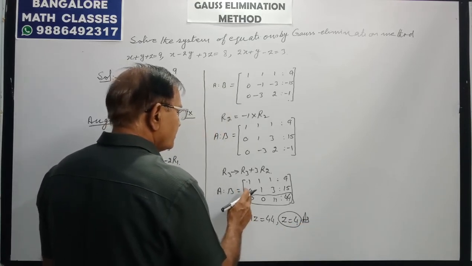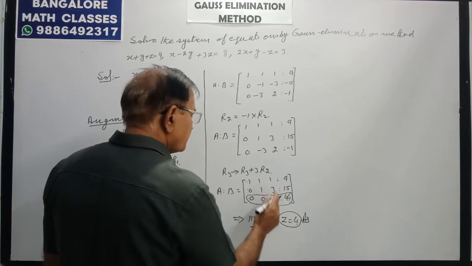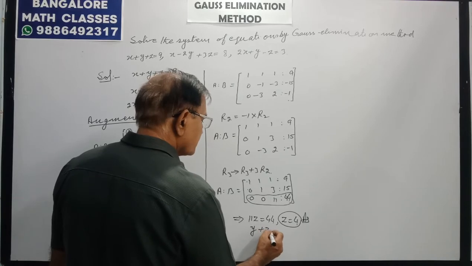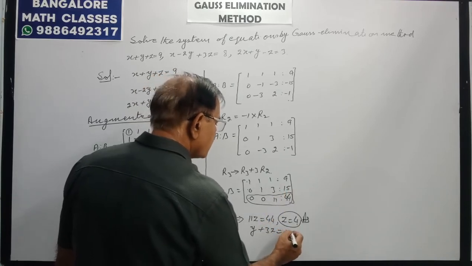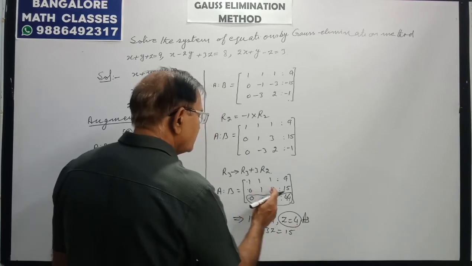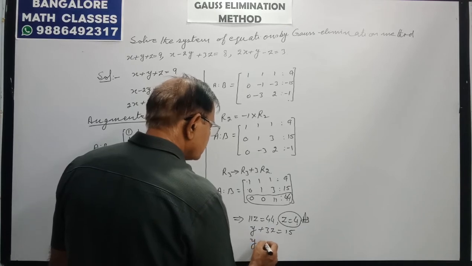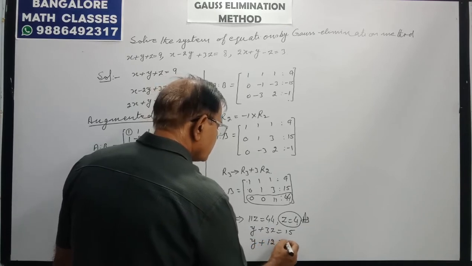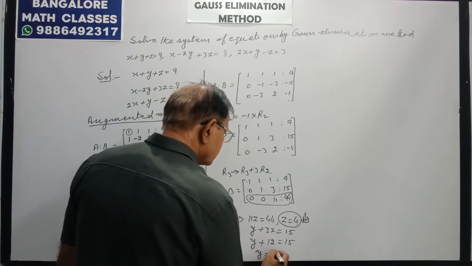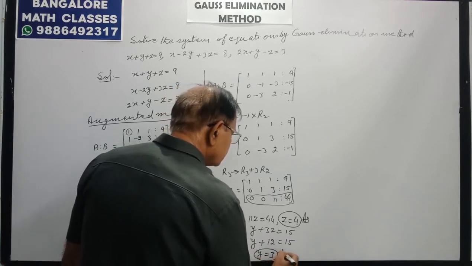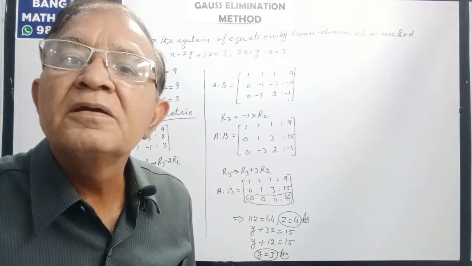Second row, 0x, 1y plus 3z equals 50. Z we know is 4, 4 times 3 is 12. So thus Y will come out to be 3.